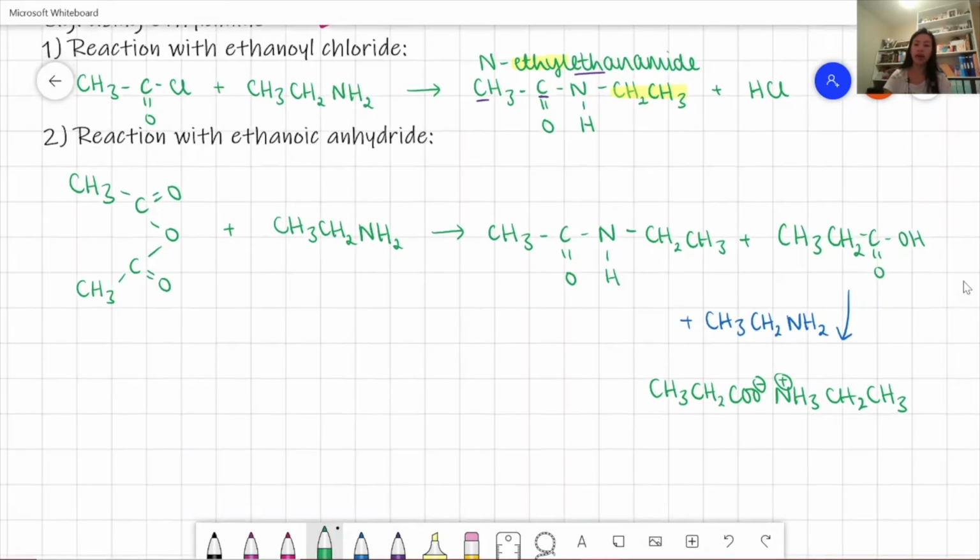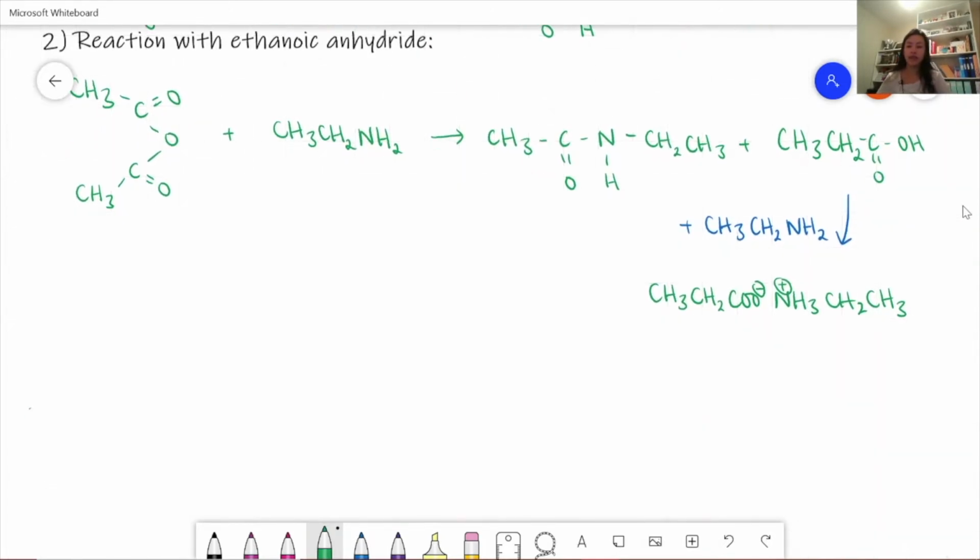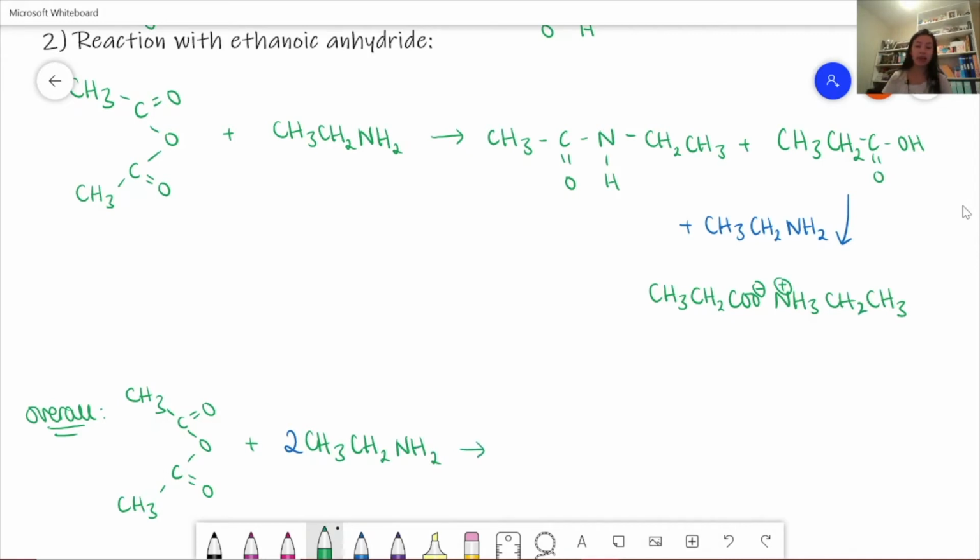So then overall what we have is the ethanoic anhydride, which is CH3, C double bond O, and then oxygen, another carbon double bond O, and then CH3. And then we add it with 2 moles of this ethylamine, so CH3, CH2, and NH2. And this will form the secondary amide that we want, so CH3, C double bond O, NH, and then an ethyl group.